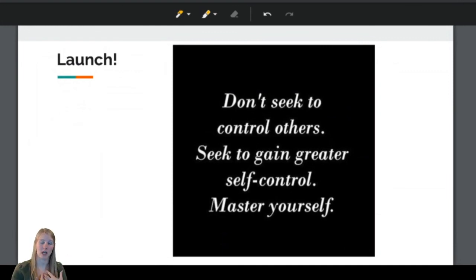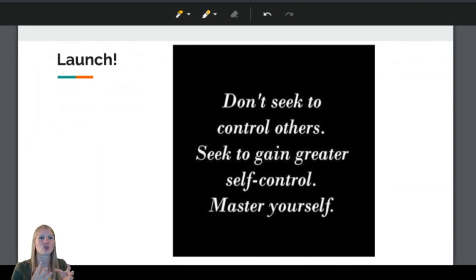Master yourself. I spent a lot of time when I was in high school or when I was younger trying to control others, make them like me, make them ask me to hang out with them, and it's really exhausting. And I come to find out you can't control other people. You can't make other people like you.